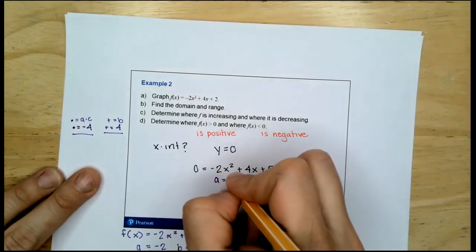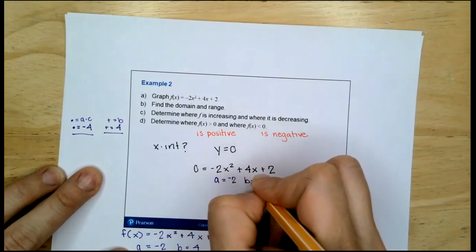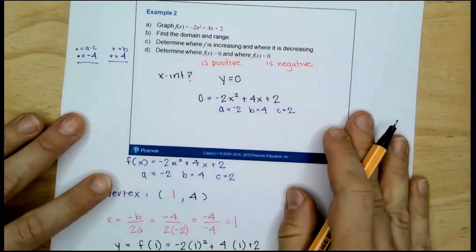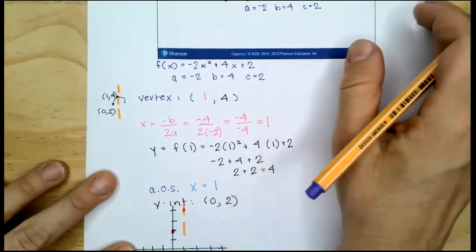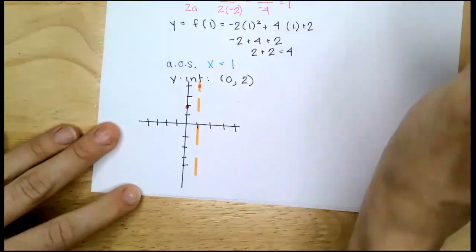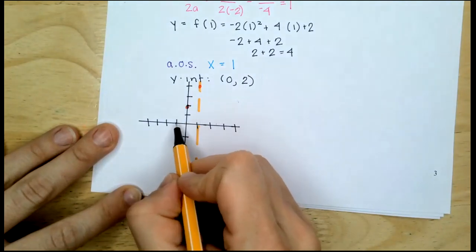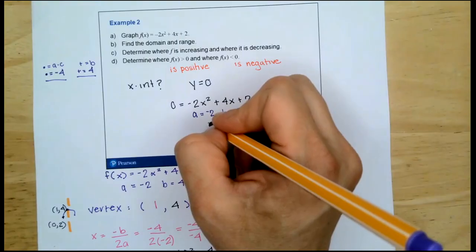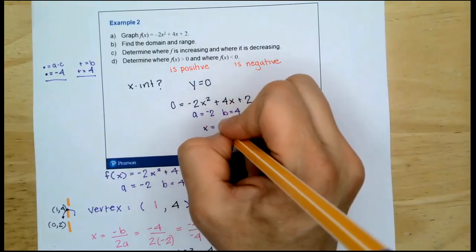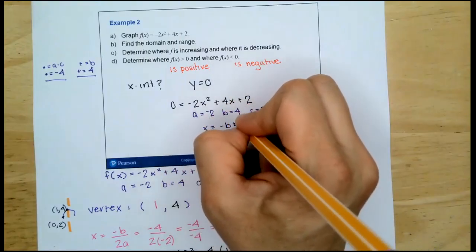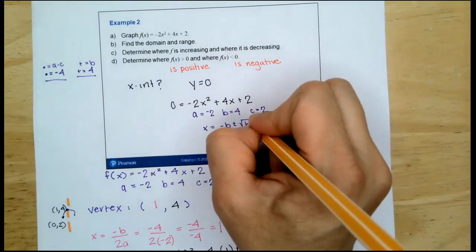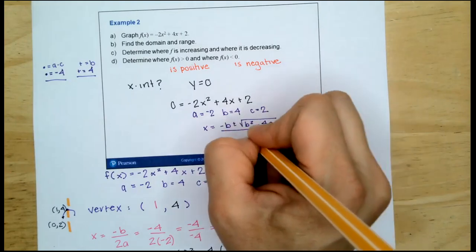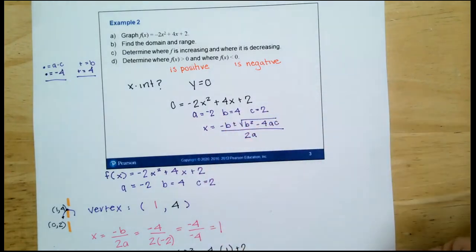We already know that a is negative 2, b is 4, and c is 2, right? We're going to now use the quadratic formula. We found our y-intercept. Let's find our x-intercepts before we graph it, okay? Remember, the quadratic formula is x equals negative b plus or minus the square root of b squared minus 4 times a times c, all over 2 times a.